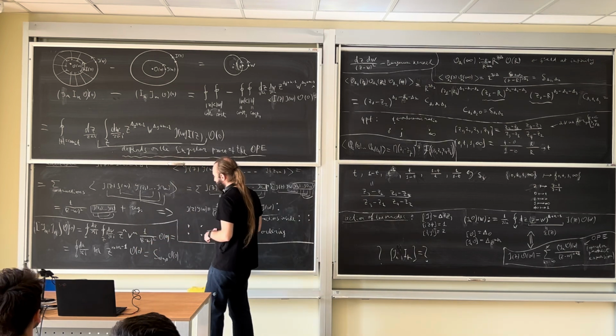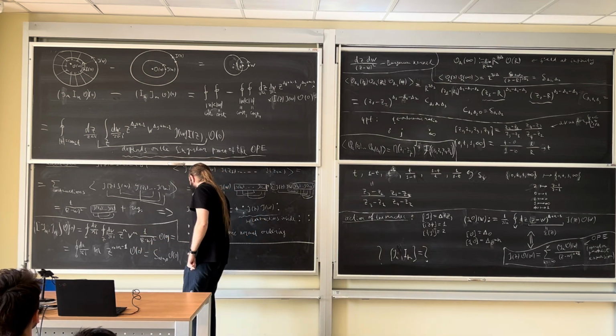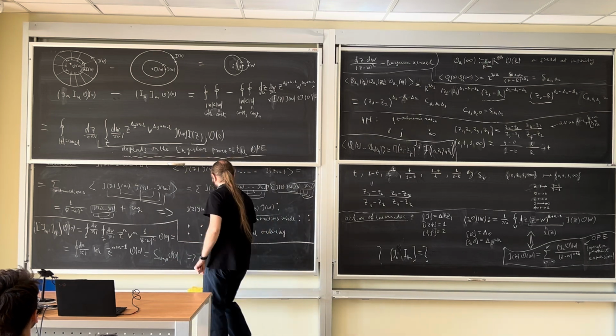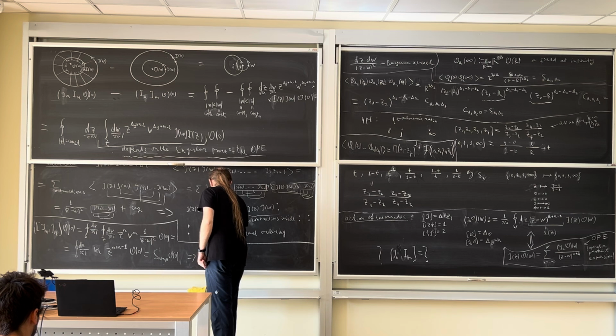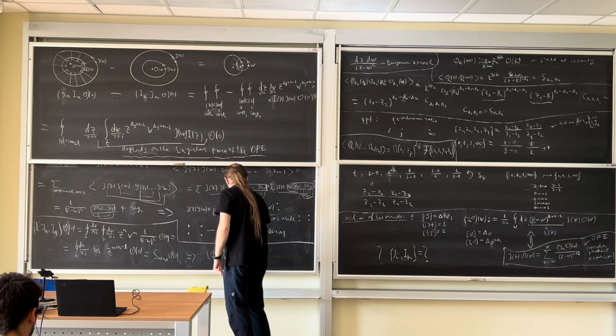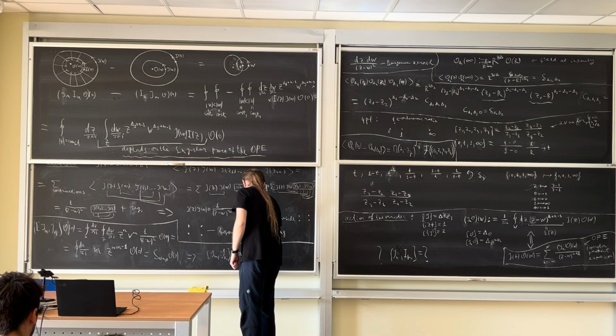So the commutator of J_n and J_m equals m delta_{m+n,0}.